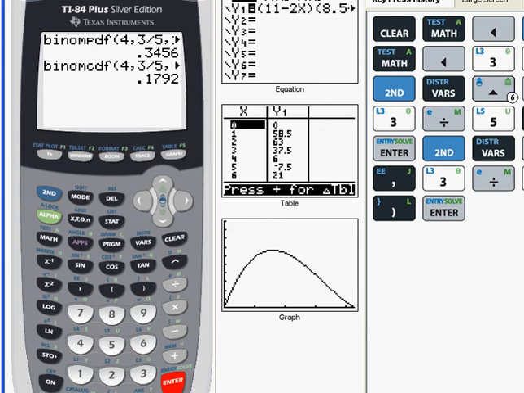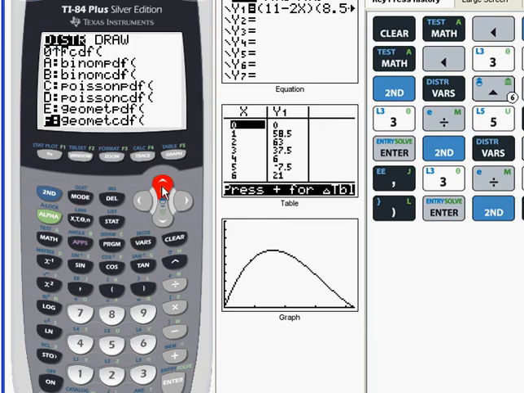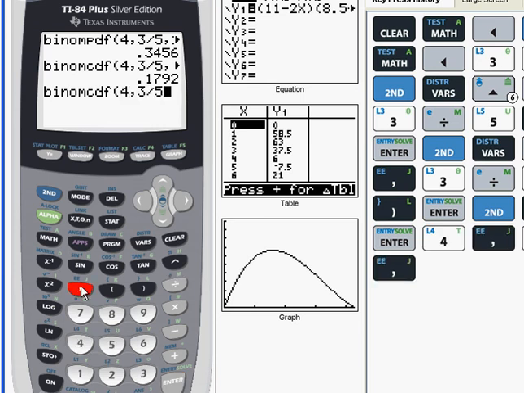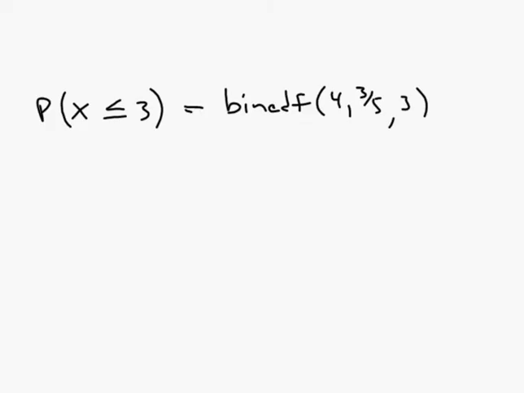We should expect a pretty big probability. Second distributions, binomial, CDF, and we type 4, 3/5, 3, enter, and 0.8704. So that's a pretty handy little tool.